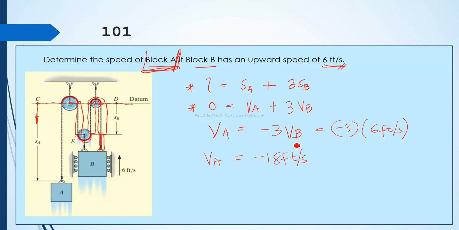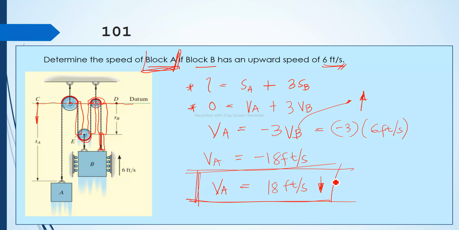Since the velocity of B moves upward, therefore our velocity A is 18 feet per second and is moving downward. So this is the speed of block A if block B has an upward speed of 6 feet per second.